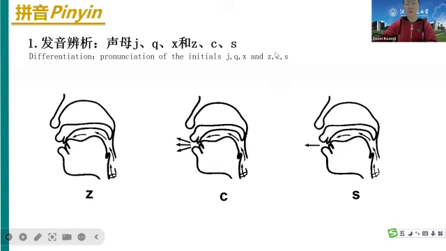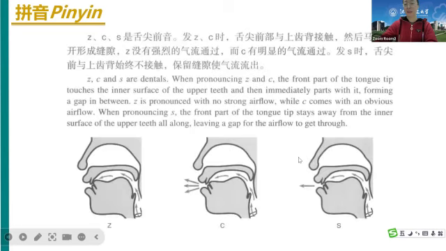Okay, so let's look at the 3 initials, z, c, s. What's the difference among the pronunciation of the 3 initials? Z, c, and s are dentals.